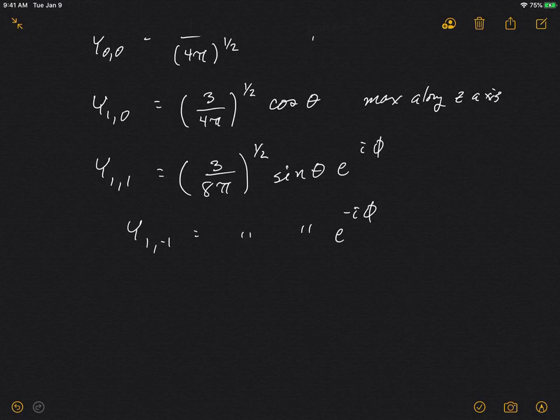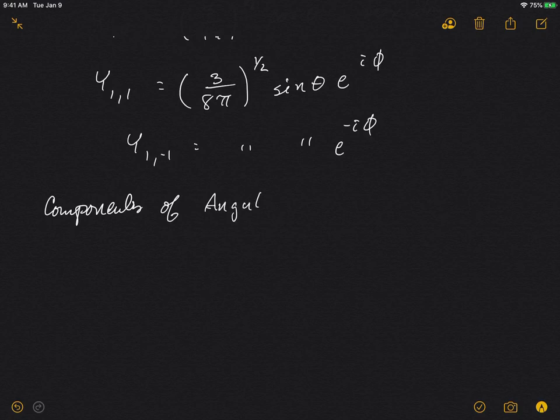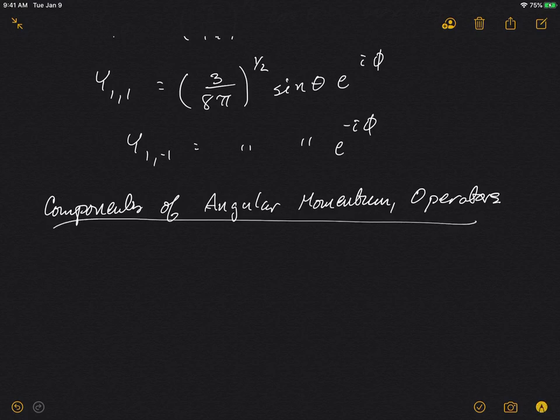Okay, so now let's see if we can break things down a little bit more and look at components of angular momentum. It's a little bit difficult to visualize these functions.